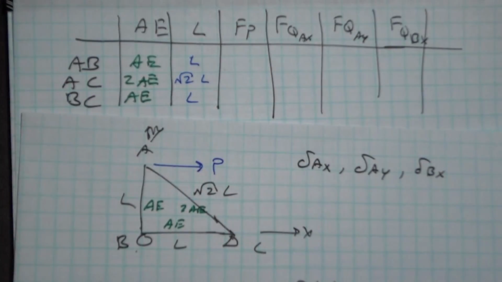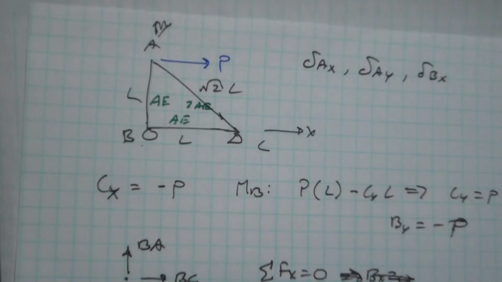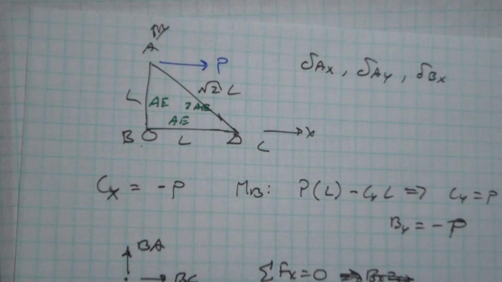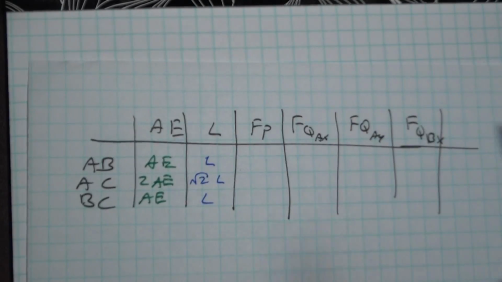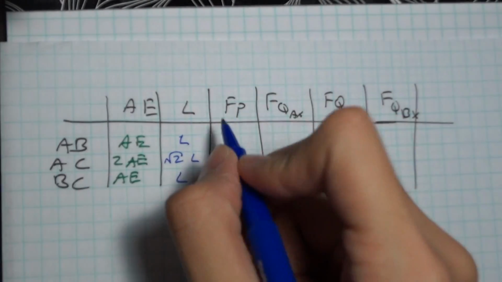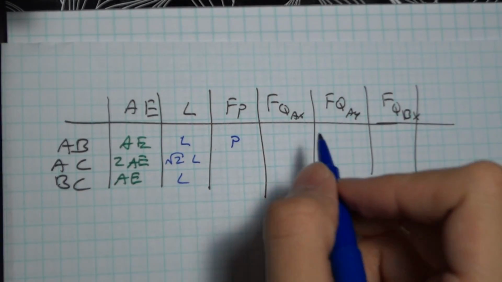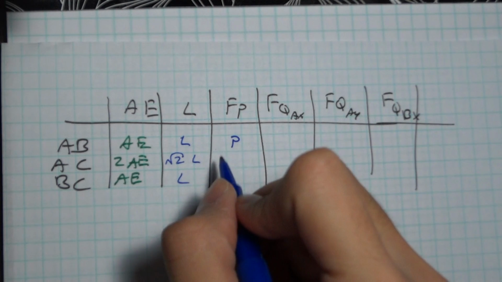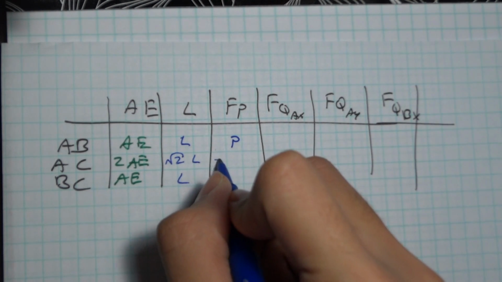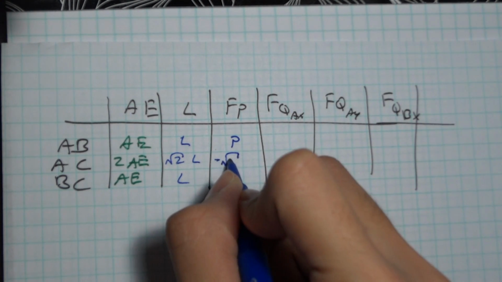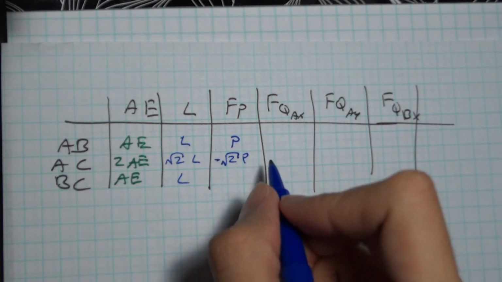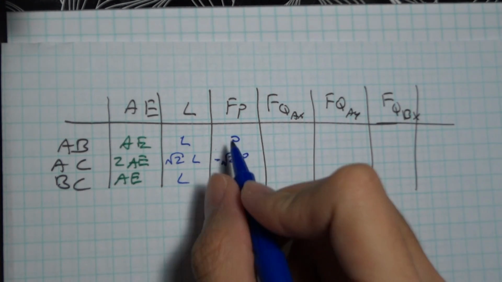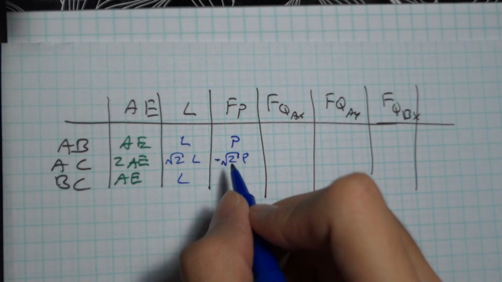And my FPs are just the forces that I already found, so let me plug those in. I found AB to be P. I found AC to be negative square root of 2P. And I found BC to be 0, right?